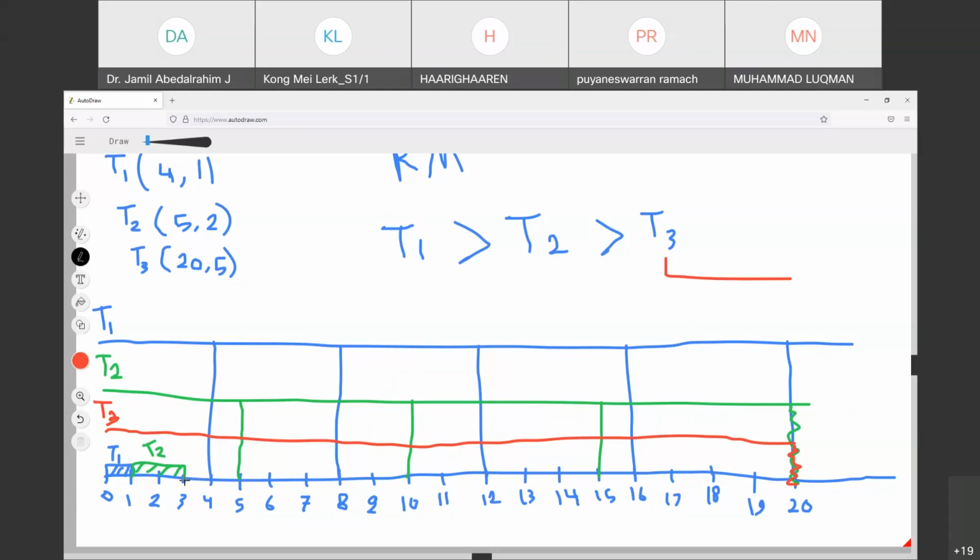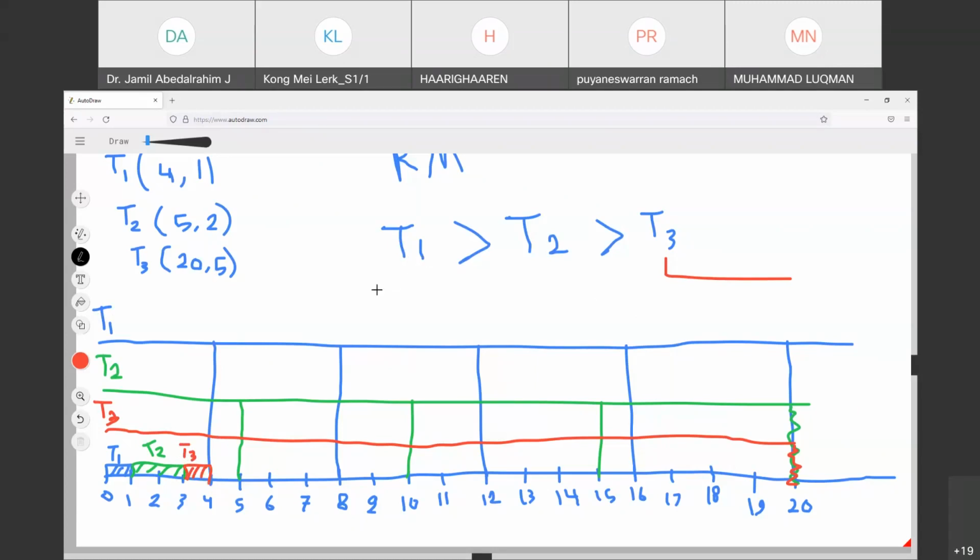So we cannot execute the whole 5 units of task 3. We execute only 1 unit. Once we reach the new period of the higher priority task, we stop. Task 3 stops here because there is a new period of task 1.